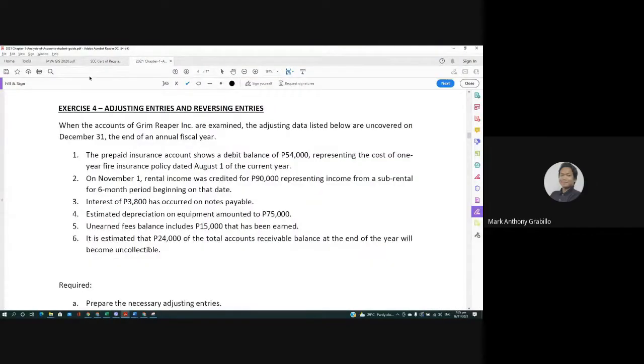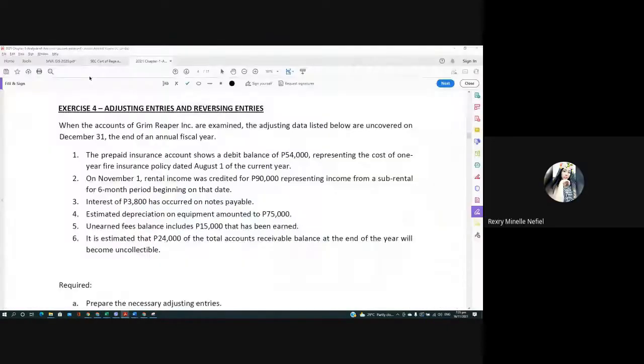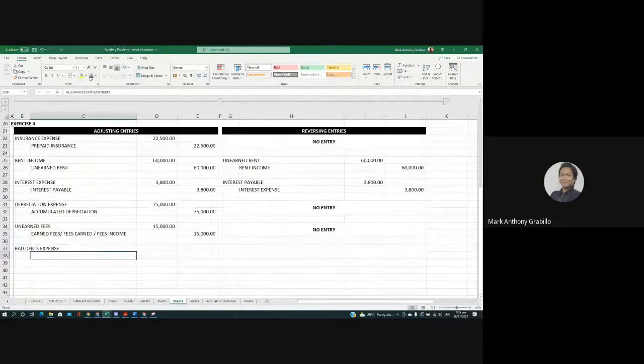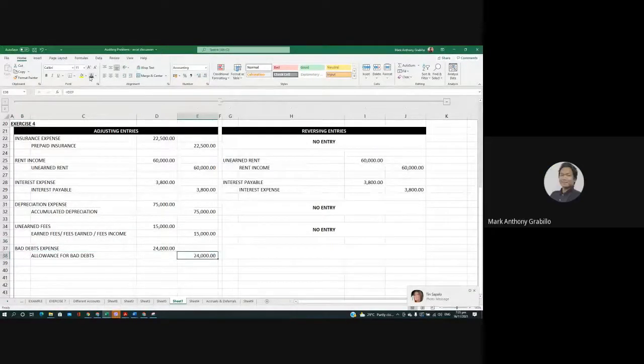And then last is, it is estimated that 24,000 of the accounts receivable will become uncollectible. What will be your adjusting entry? Debit bad debts expense and then credit allowance for bad debts, 24,000.